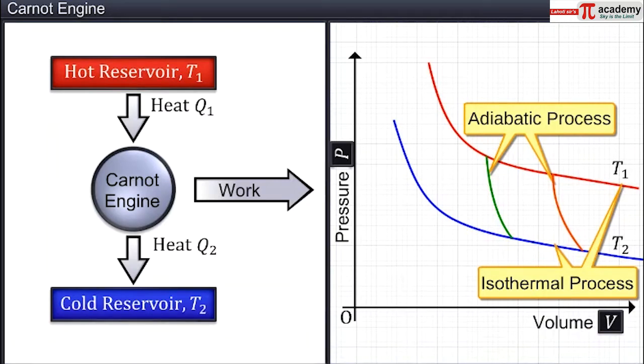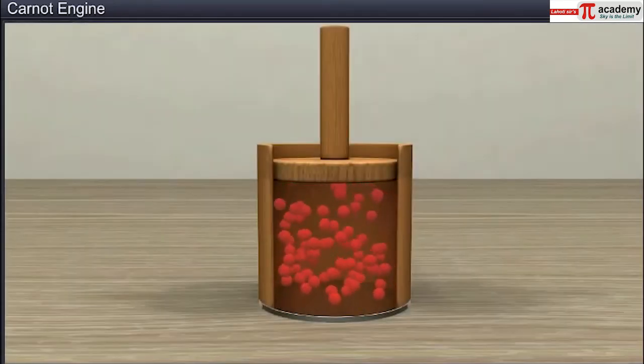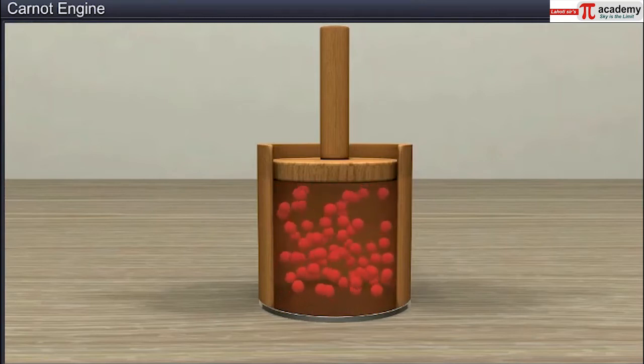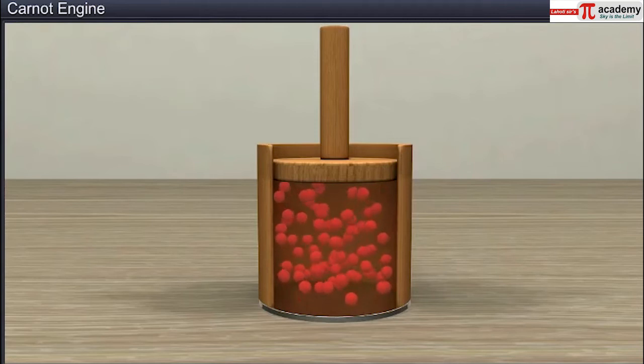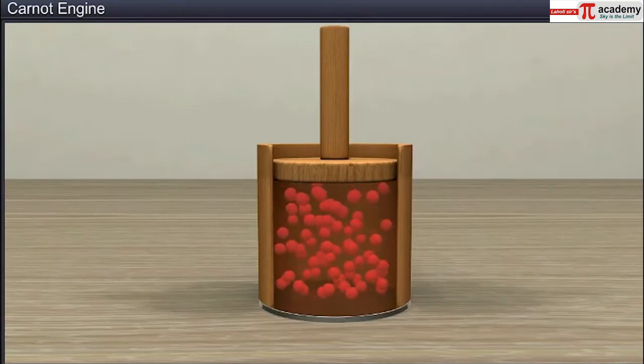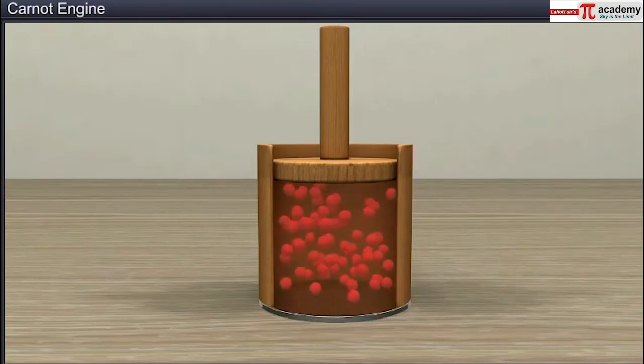Let us now discuss the sequence of steps involved in each Carnot cycle. Consider mu moles of an ideal gas in a container with a movable, airtight, smooth, frictionless piston as the working substance.